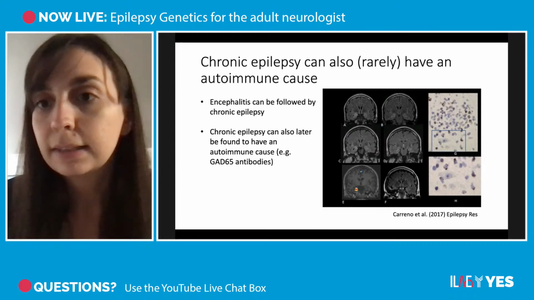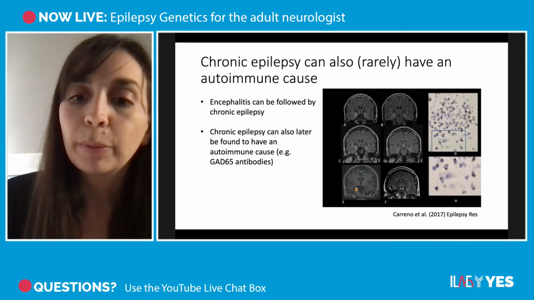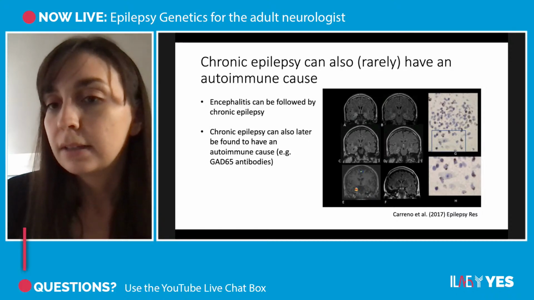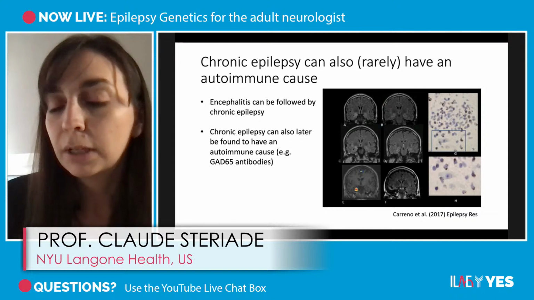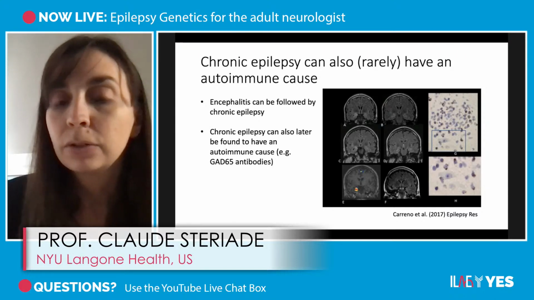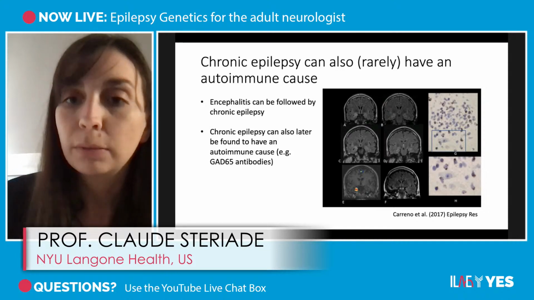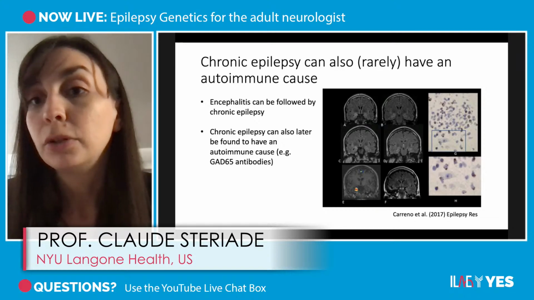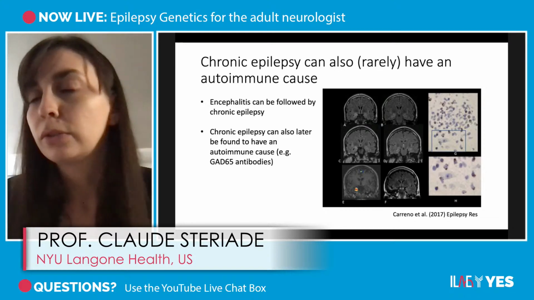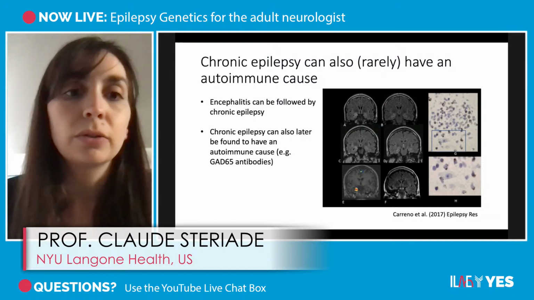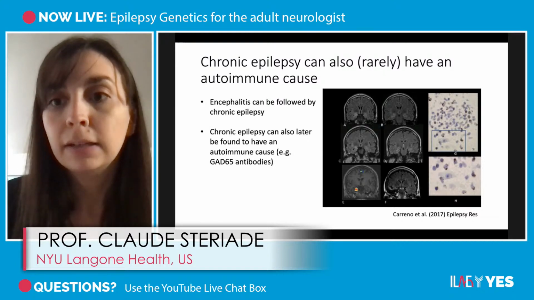On the right-hand side is a figure from a paper written by an epileptologist in Spain who collected information about patients who had undergone epilepsy surgery, who had chronic treatment-resistant epilepsy, but had been found to have neural autoantibodies. Those ranged from LGI1 to GAD65, Ma2. And those were patients who had had antibodies identified.